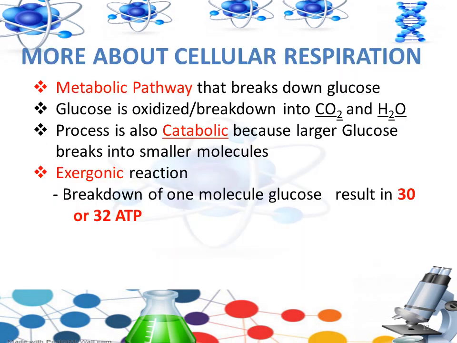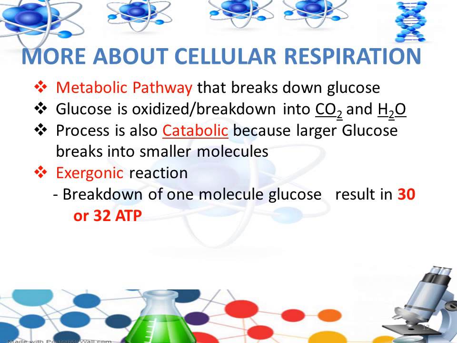Okay, now I will try to simplify cellular respiration. Basically cellular respiration is the breaking down of glucose. One molecule of glucose is oxidized, or broken down, into carbon dioxide and water.